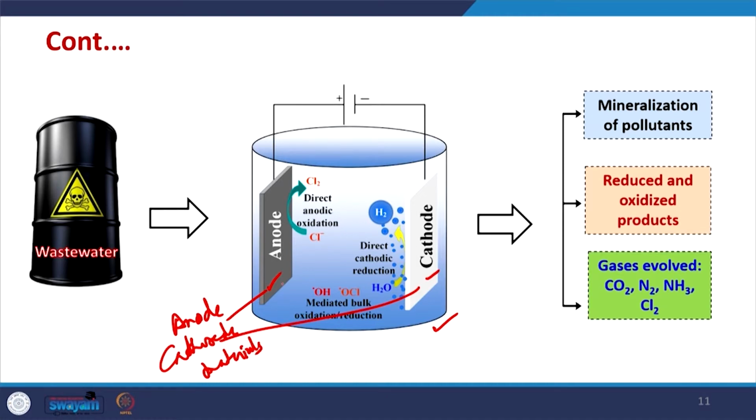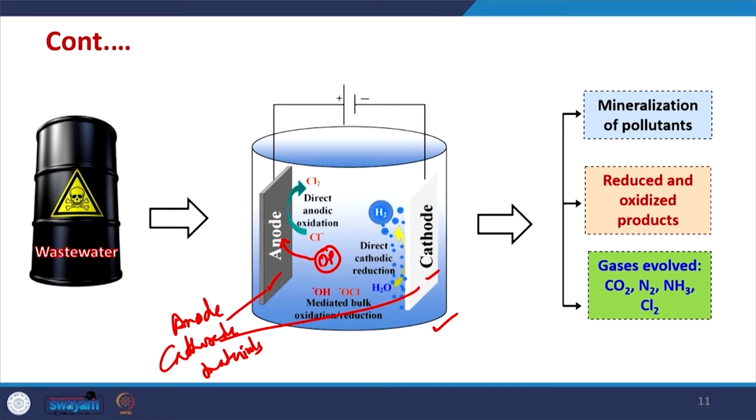Now, we have the anode and the cathode. On the anode there is a possibility that an organic pollutant, which I am writing as OP, goes onto the surface of the anode and gets oxidized. So, we have direct anodic oxidation happening.